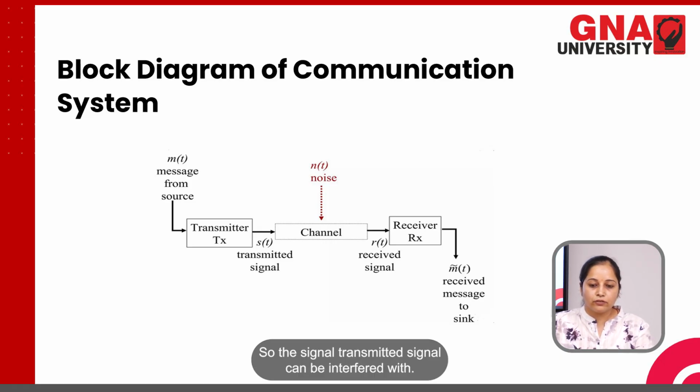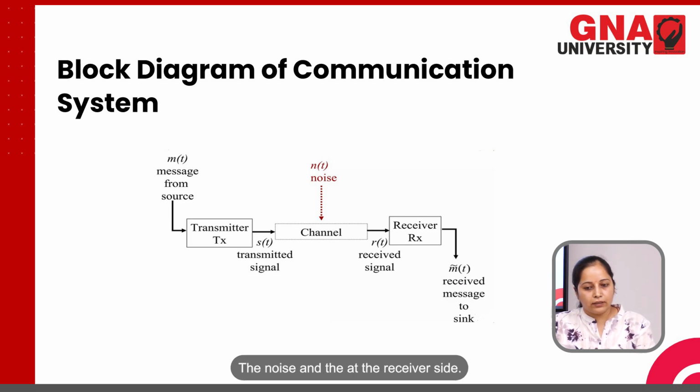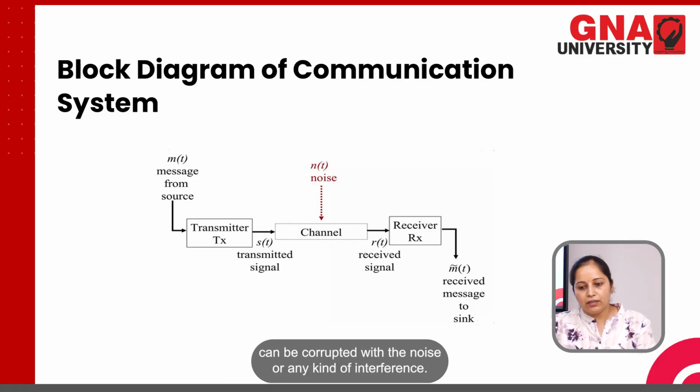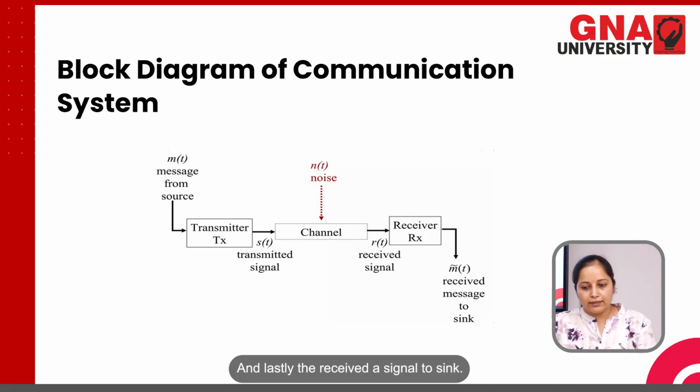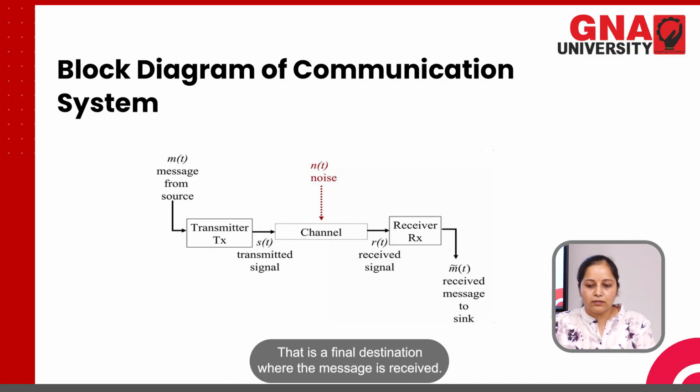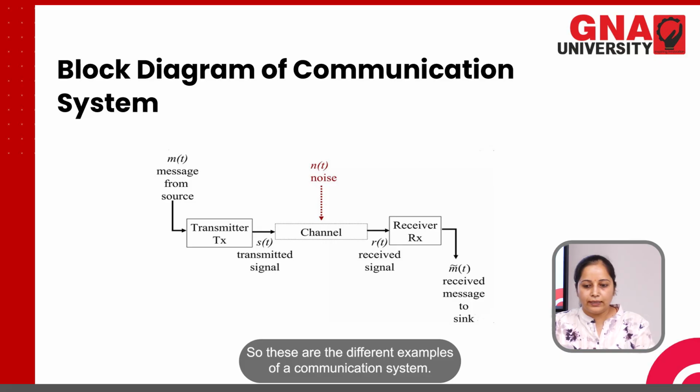So the transmitted signal can be interfered with by the noise, and at the receiver side, the received signal can be corrupted with noise or any kind of interference. And last is the received signal to the sink, the final destination where the message is received. So these are the different examples of a communication system.